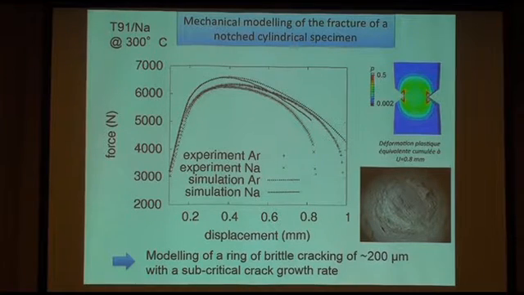So we tried to model this and see if we could extract a faithful mechanical criterion for liquid metal embrittlement.